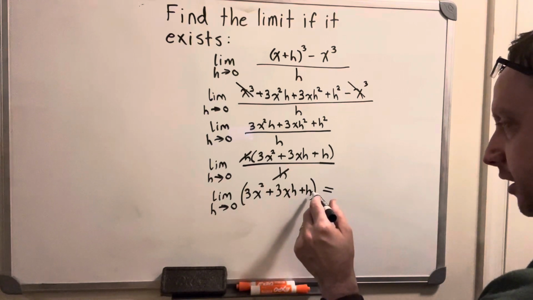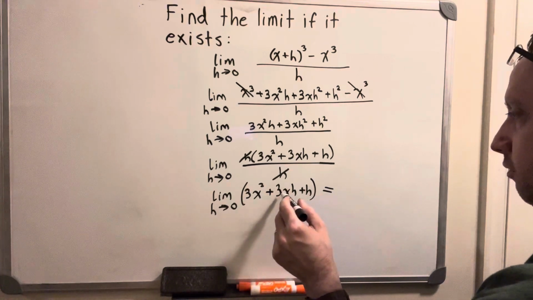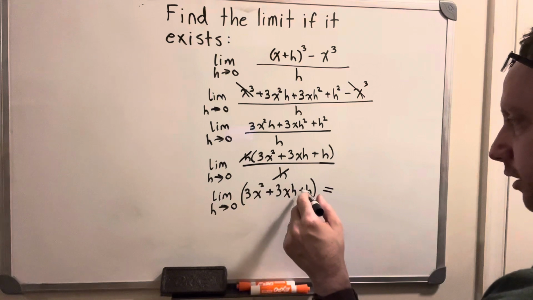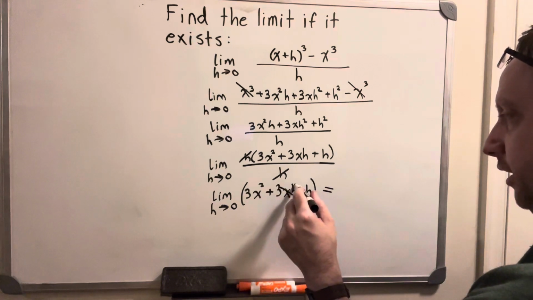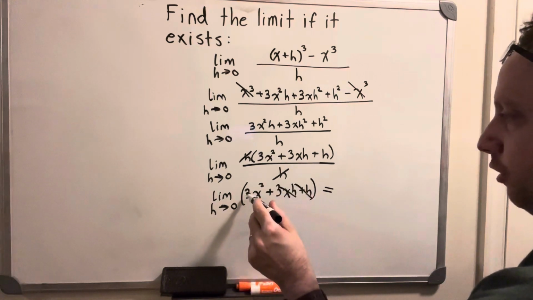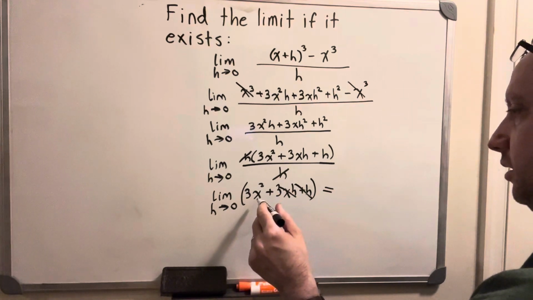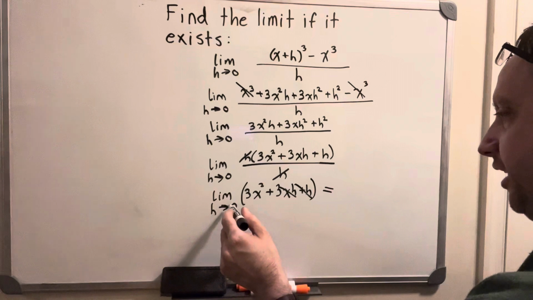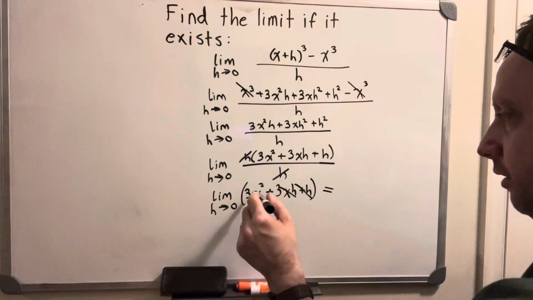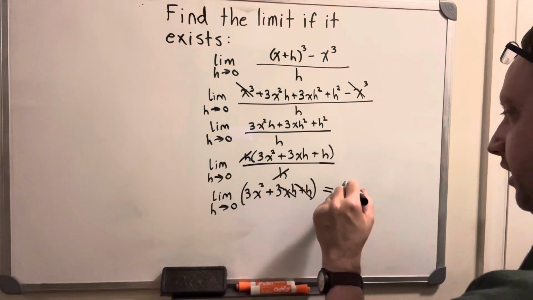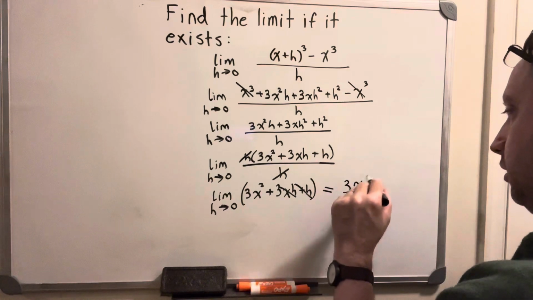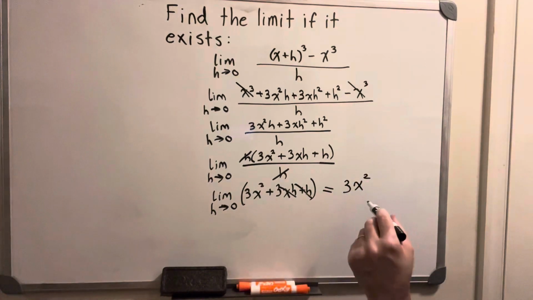Because they have an h in it, h is 0. What's 3x times 0? 0. So this term goes away and this term goes away. Look, there's no h here. So that means that the limit as h approaches 0 of 3x squared is 3x squared.